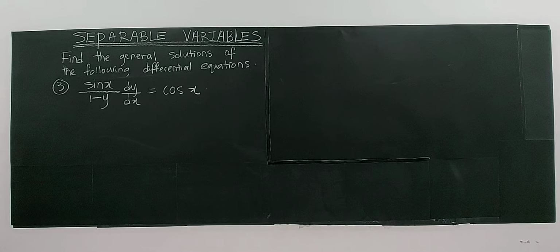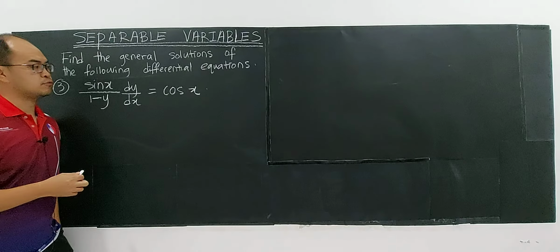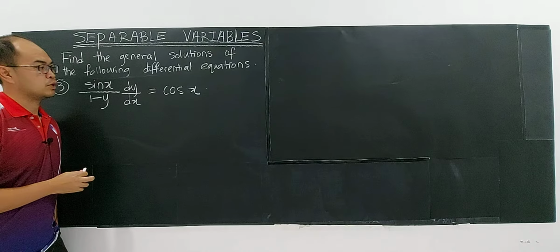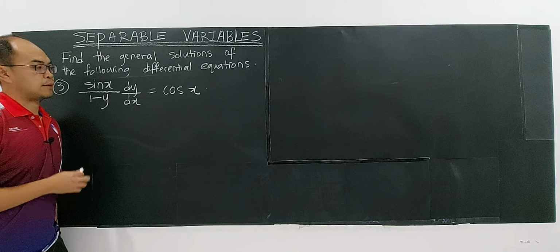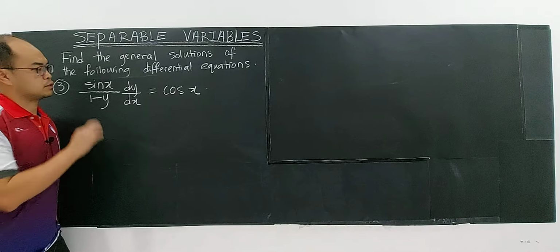Alright, let's go on to this third example. It is the same case: I have to tell you that this is a first order differential equation of the separable variable type, where we can separate the variables. I can see that there is no y on one side, so there is only dy and 1 minus y.